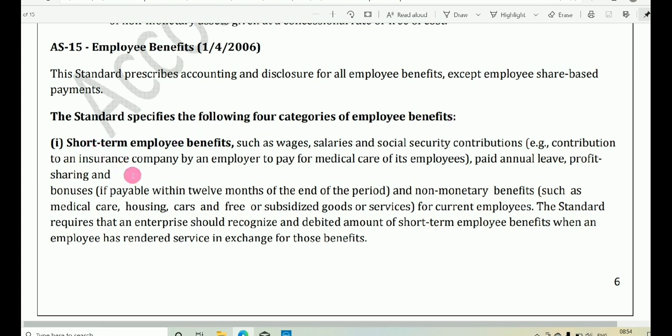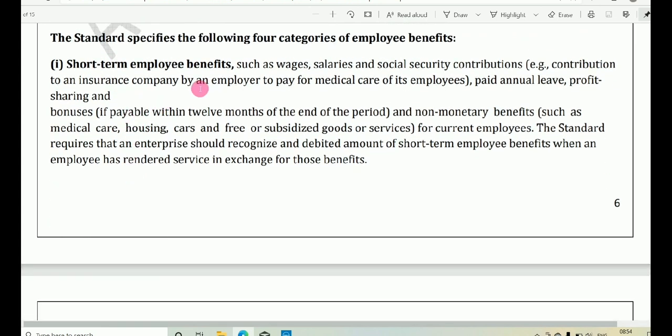Number 1, short-term employee benefits such as wages, salaries, and social security contributions.